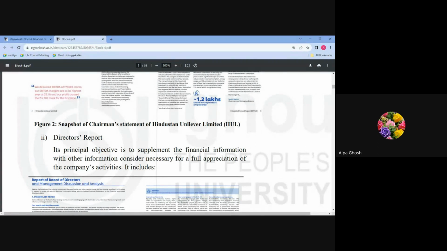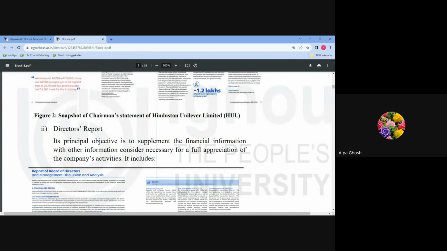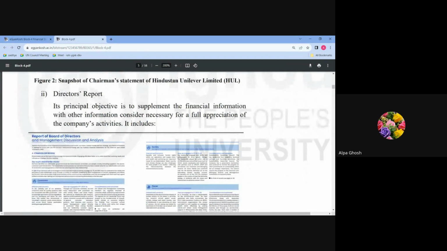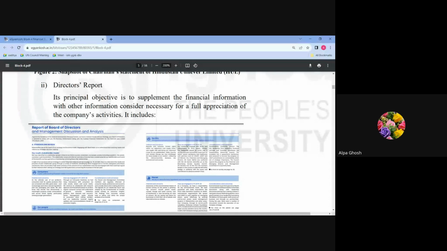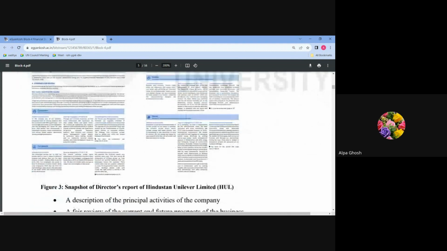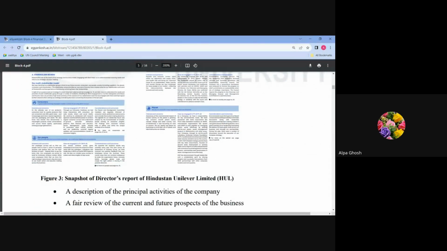Whether it is a report provided by the chairman or by the directors, they are full of appreciation about the company's activities. Throughout the year, what the company has done, what its achievements are, and the areas where they are thinking of expansion, diversification, and so on.